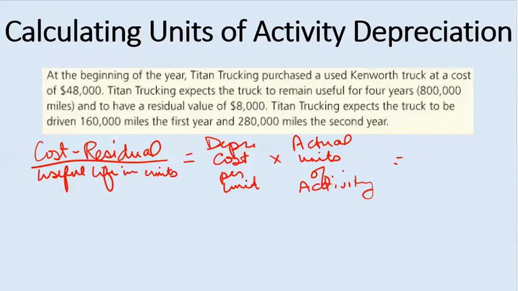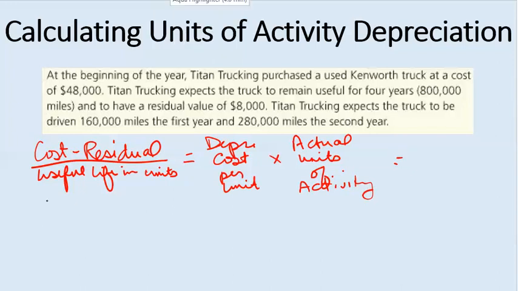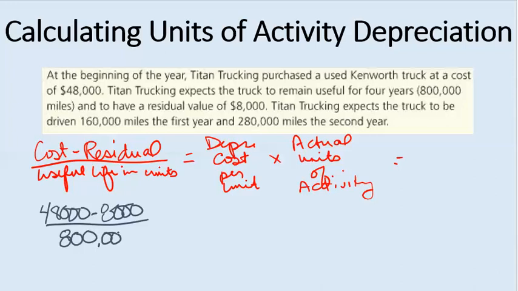So let's go ahead and do this problem. So we know cost was 48,000. My residual after 4 years was 8,000. And my useful life in units is 800,000 miles. Okay, so let's go ahead and calculate that.